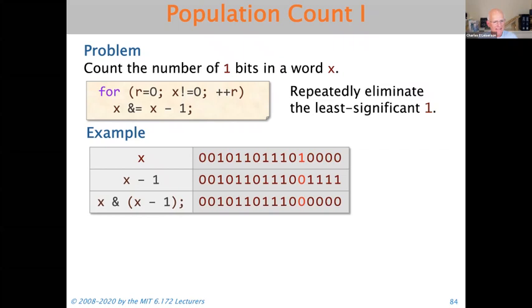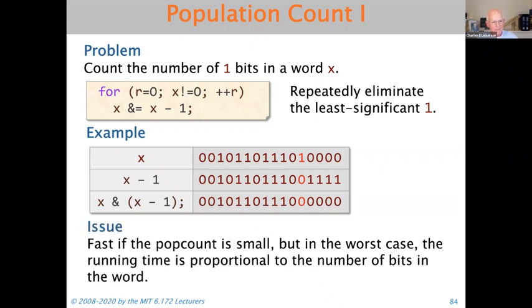If I have X and I have X minus 1, similar to the minus X thing, but a little bit different, X minus 1, you can verify, has a 0 in the least order bit of X, and it's the same as X for larger bits, and it's 1s where X is smaller, but X is 0 for smaller. So when you AND them together, okay, you clear that bit of X. Really clever trick. And so we just loop through that, clearing 1 bit at a time.